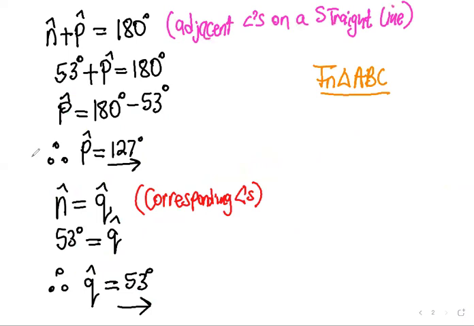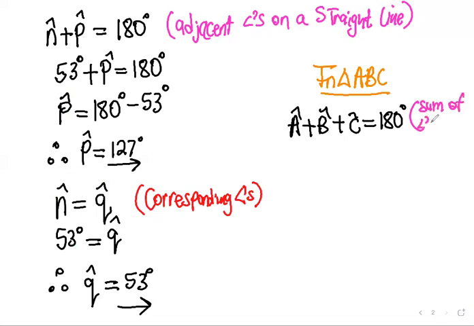So I'm going to say angle A plus angle B plus the size of angle C must give me 180 degrees. Why does it give me 180 degrees? It's because these are the sum of angles in a triangle. So the sum of angles in a triangle always gives you 180 degrees.